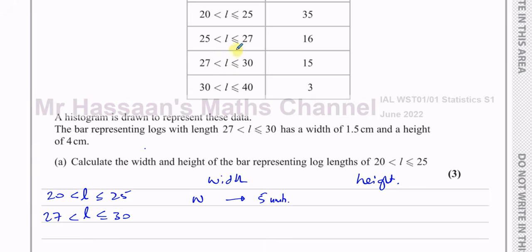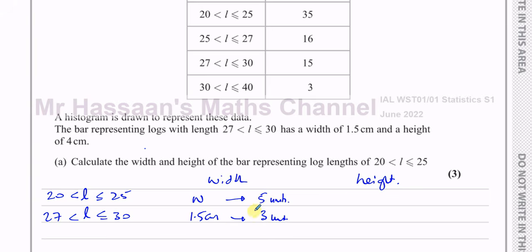And we know that the 27 to 30 bar has a width of 1.5 centimeters, and it's representing 3 units. So we know that 1.5 centimeters represents 3 units. We want to find how many centimeters the width of this bar is going to be.